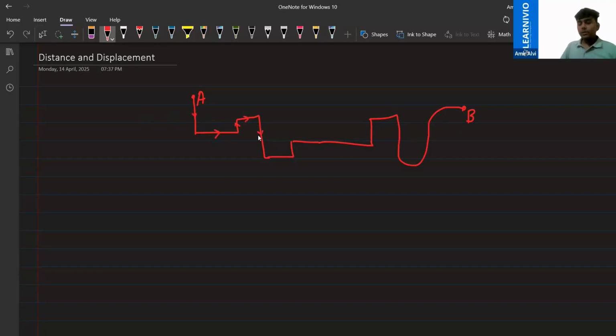You have to follow the specific path. So this is the actual path that you have taken to go from point A to point B. Distance is basically the actual path that you have taken to cover the journey.